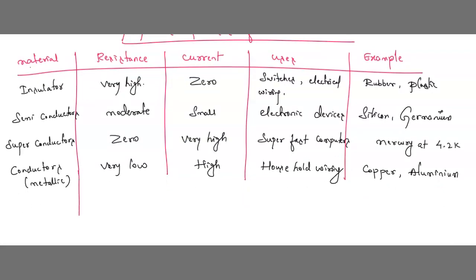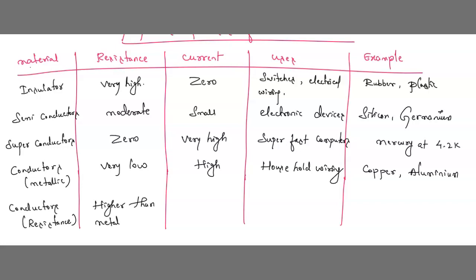And then let me see one more, like conductors. Let me study alloy conductors. In that, resistance is higher than metallic conductors, and the current is moderate.